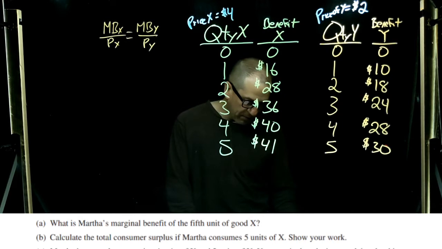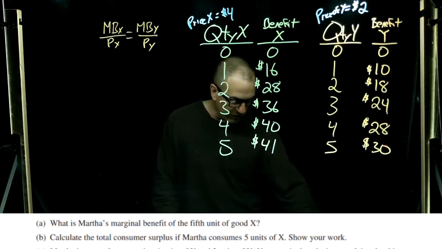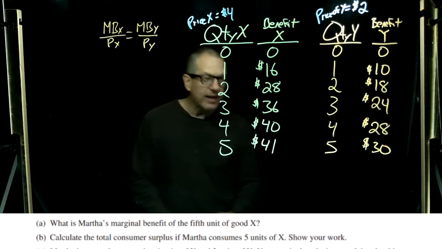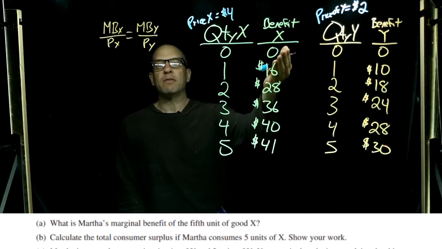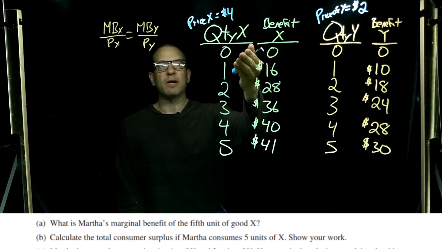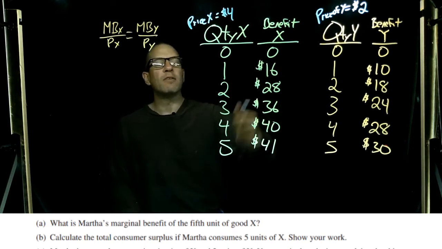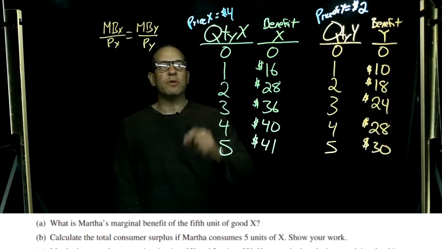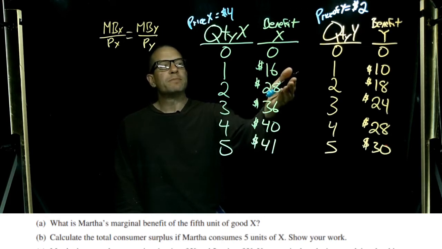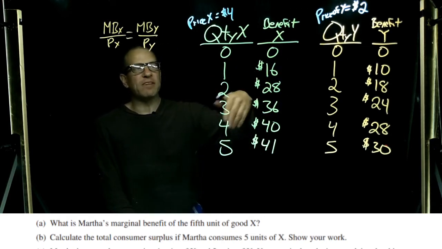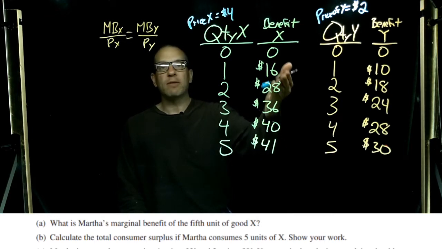All right, couple of questions. It says, what is Martha's marginal benefit of the 5th unit of good X? When we look at the marginal benefits here, she receives 0 benefit from consuming 0 quantity of good X. She receives 16 utils or dollars of benefit from consuming 1 unit. She then receives a total of 28, so her marginal benefit, the next additional amount of benefit, would be whatever it takes to get to 28.